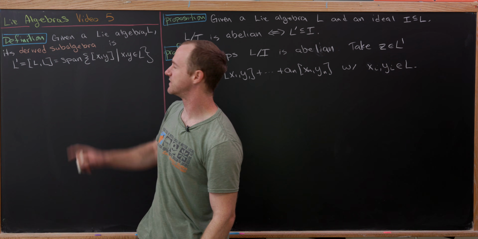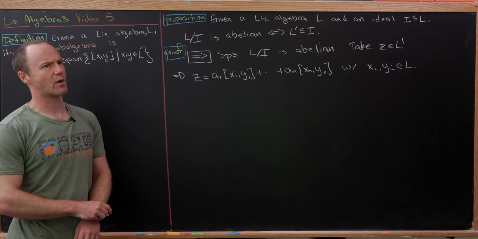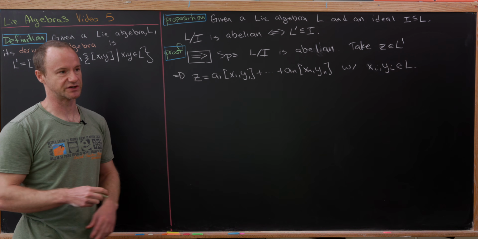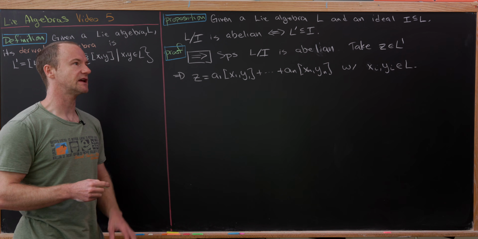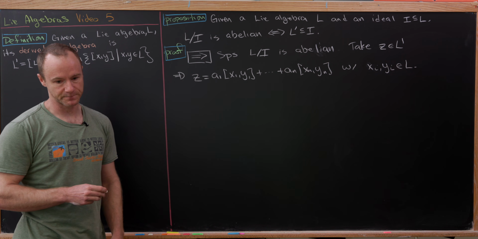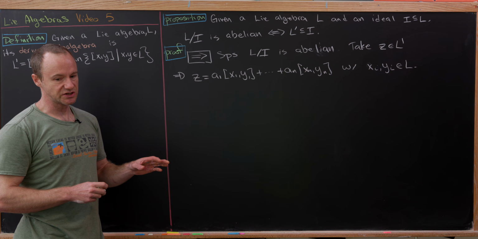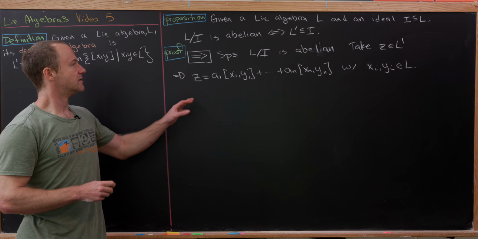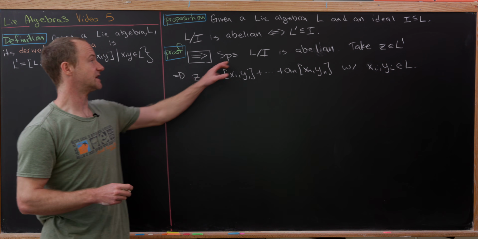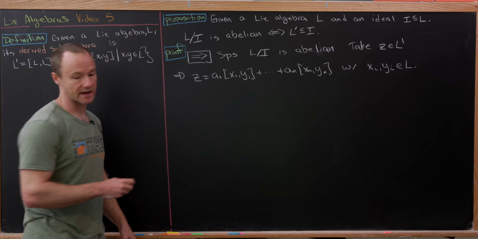That's because we have this span, which is required to make it a vector subspace, one of the conditions we need in order to have a subalgebra. So now what I'd like to do is push this into L mod I.